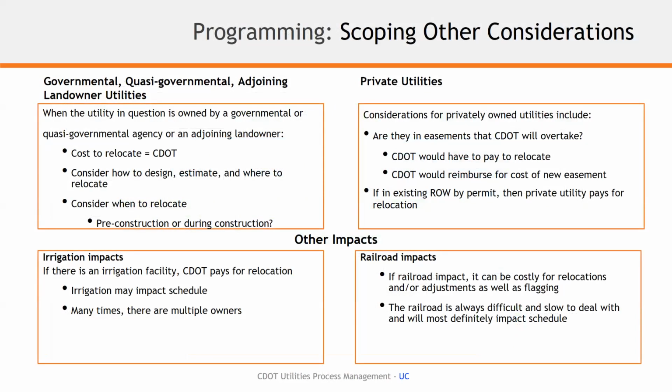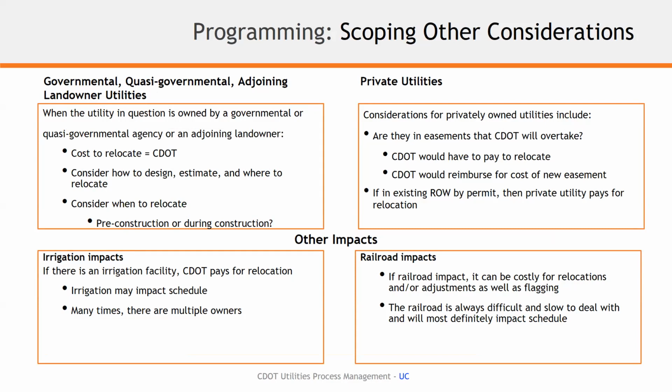Again, programming, scoping, and other considerations to keep in mind at this stage. We're looking at governmental, quasi-governmental, adjoining landowners that have utilities that may be affected by a project. So when the utility in question is owned by governmental or quasi-governmental, quasi could be a, go ahead.